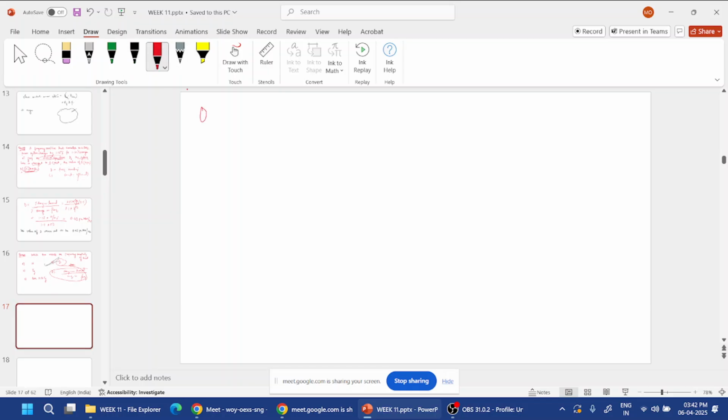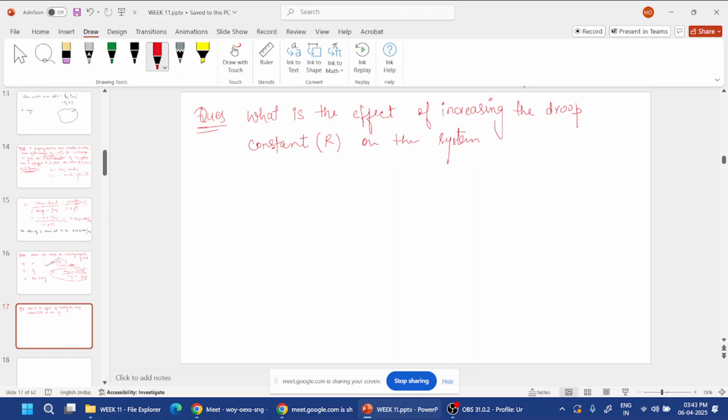Okay. Another question. What is the effect of increasing the droop constant R on the system frequency stability? A. Improves the frequency response.